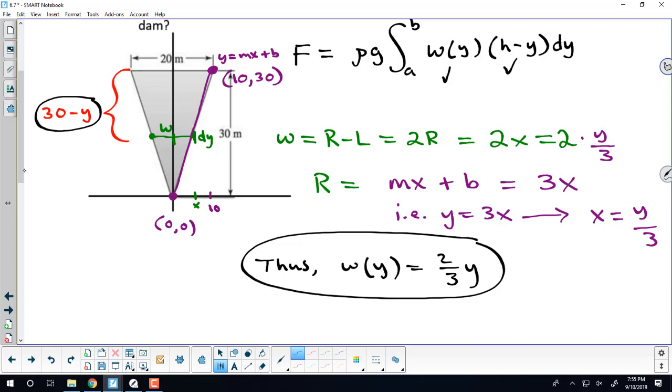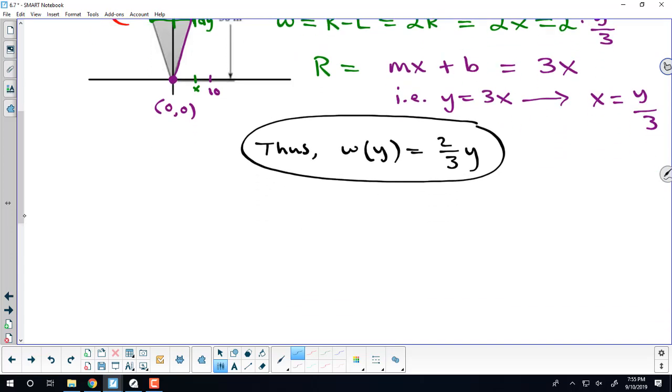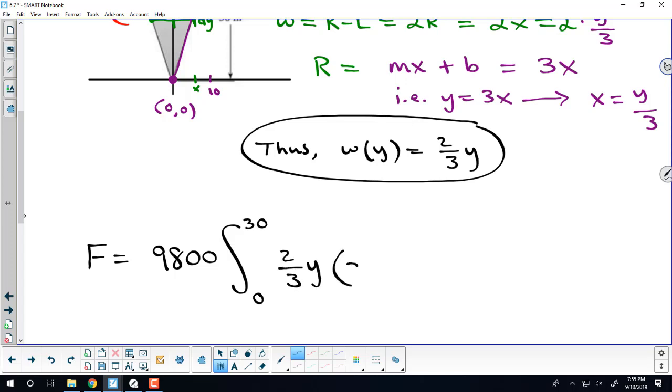So we have density times gravity, integrated from where to where? Yeah, cross sections range from 0 to 30. Two-thirds y for the width function times 30 minus y, dy.